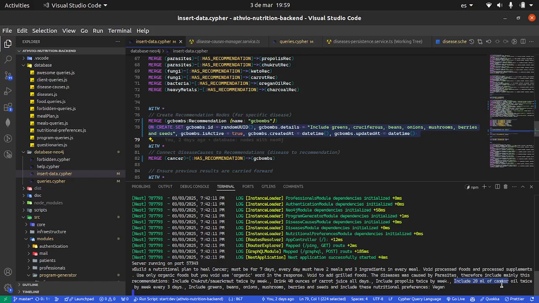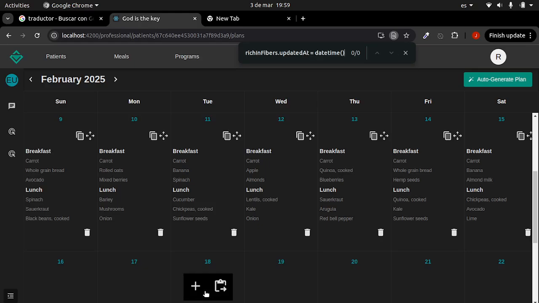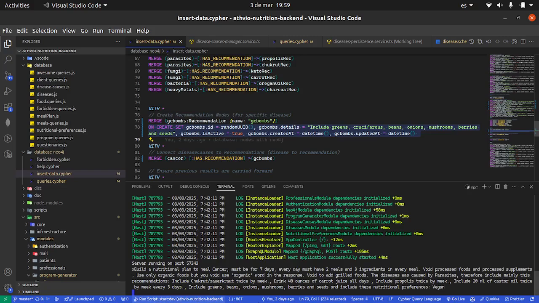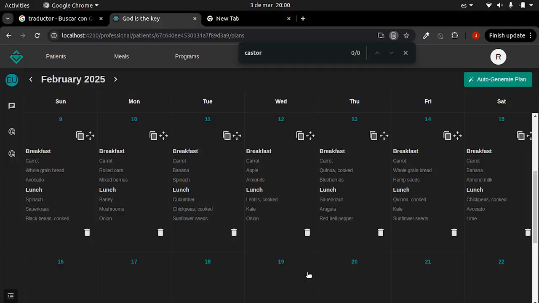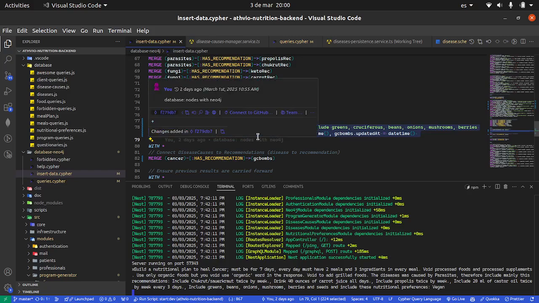And it's basically castor oil. Include 20 milliliters of castor oil twice a week. Castor oil also wasn't included, twice a week, every 3 days. We have also one problem here. ChatGPT is not managing to accomplish the order that I am requesting.